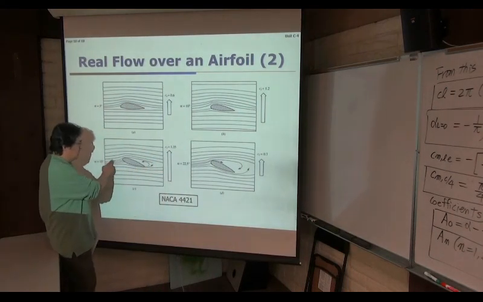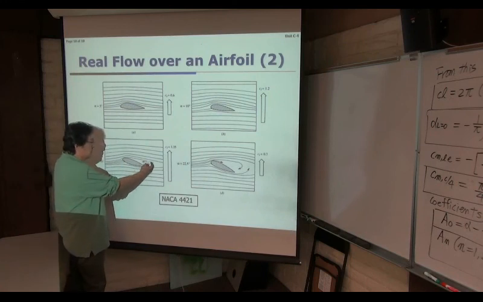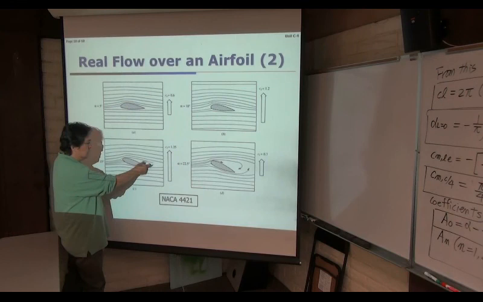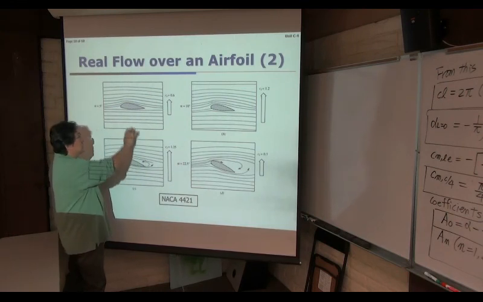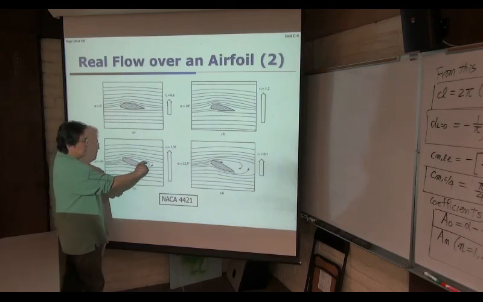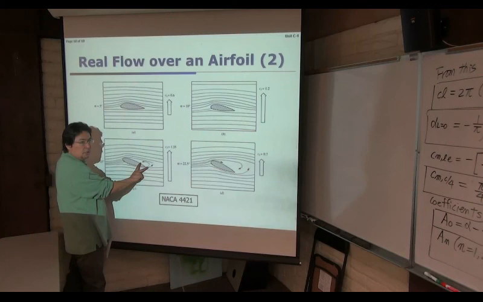What happens is you begin to create the circulation region near the trailing edge. You begin to induce the separation around here. So thick airfoil has a tendency to start separating the flow starting from the trailing edge. So this is called trailing edge stall.